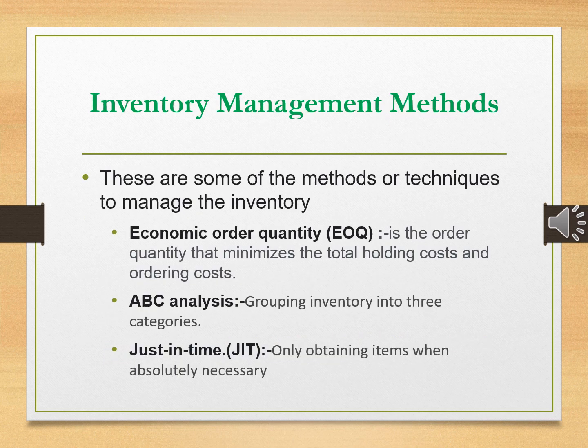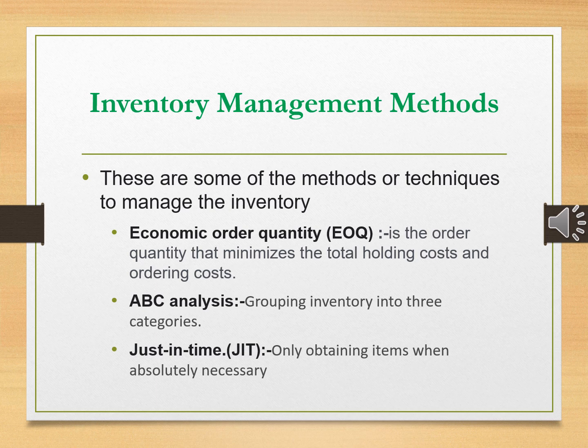Let's now touch base a little bit on inventory management methods or techniques. There are some methods or techniques to manage inventory. The first, traditional and very old one is EOQ, economic order quantity. Simply, it is the order quantity that minimizes the total holding cost and ordering cost.